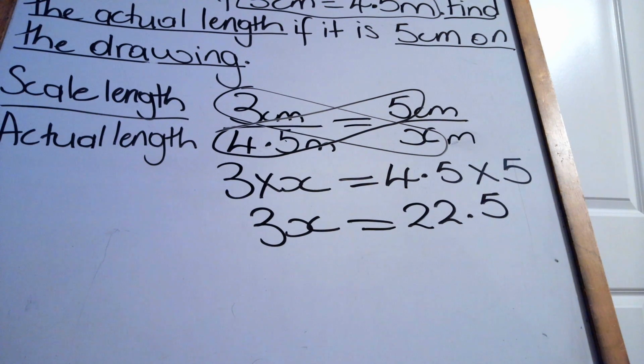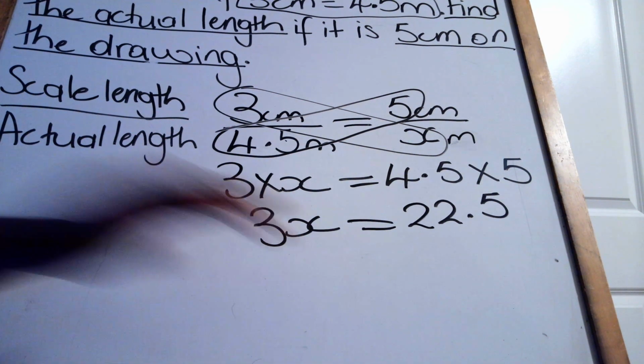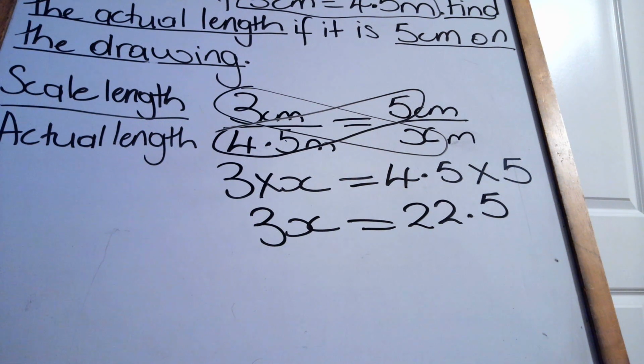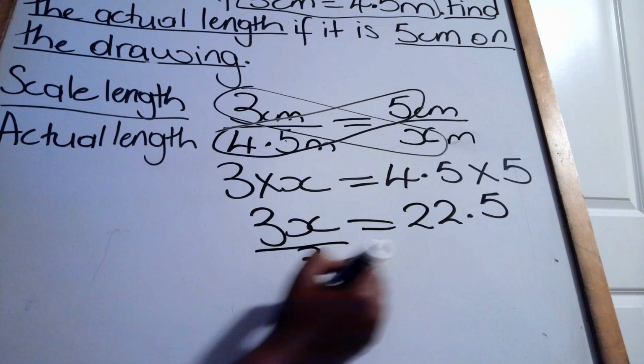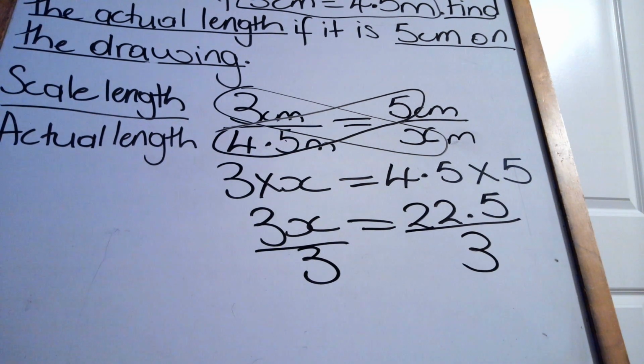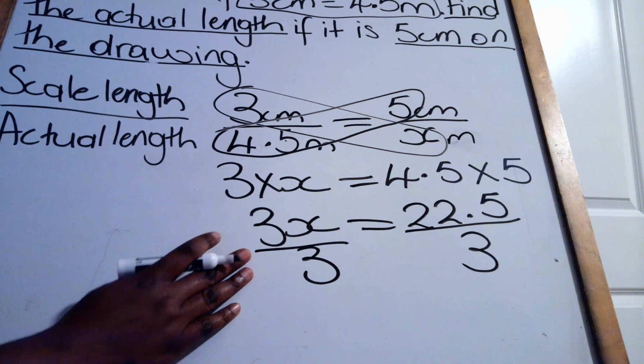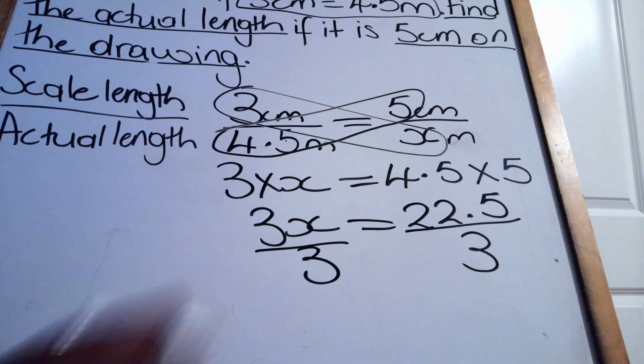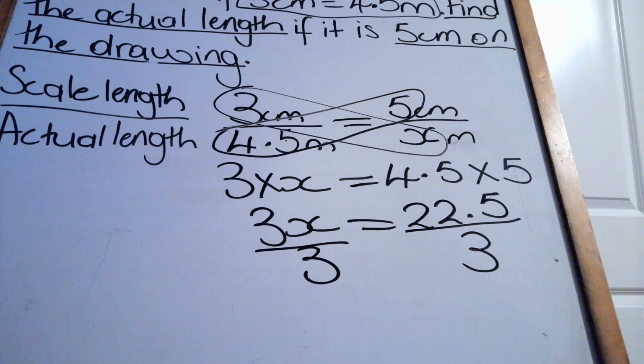So to find what x is equal to, once the coefficient of the unknown is not 1, we divide by that coefficient to make it become 1. So we're going to divide both sides by 3. Anything you do to one side, you have to do to the other side. That is why we divide both sides by 3.